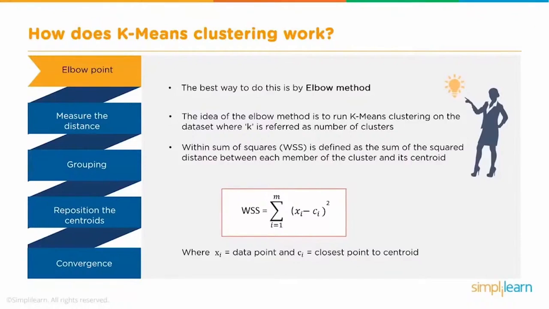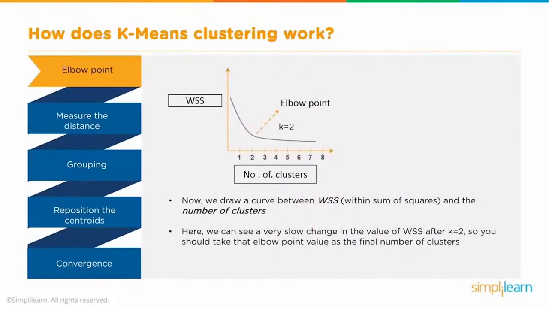So we create clusters, or we let the system create clusters, of a variety of numbers, maybe up to 10 clusters. And for each value of k, the within SS is measured, and the value of k which has the least amount of within SS, or WSS, is taken as the optimum value of k. So this is the diagrammatic representation.